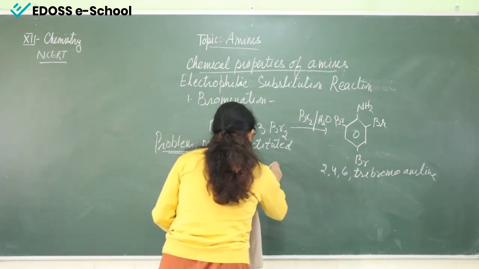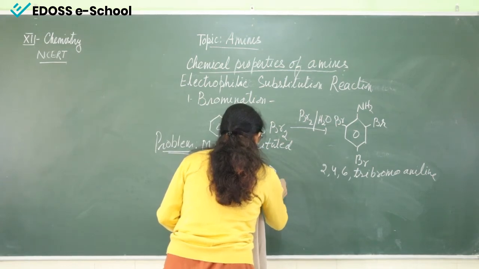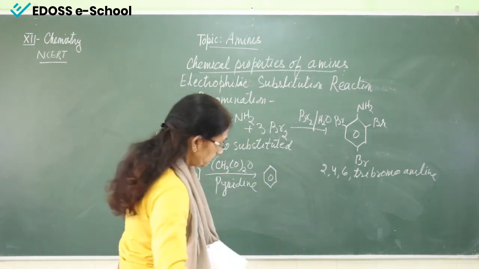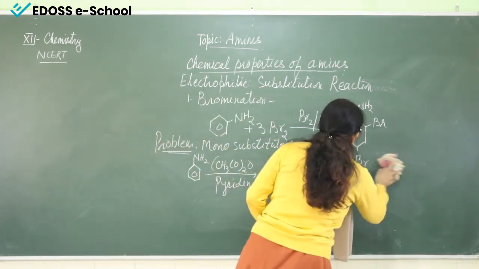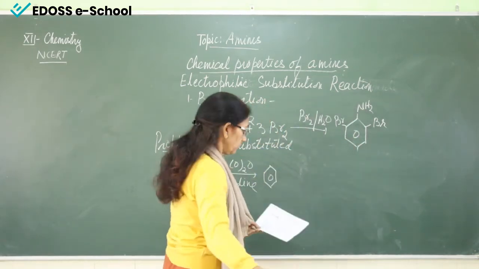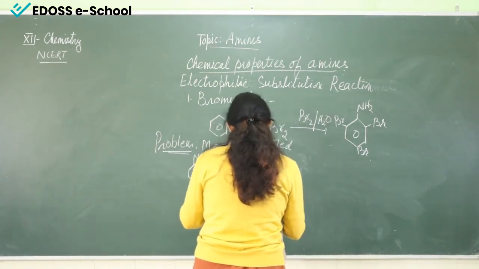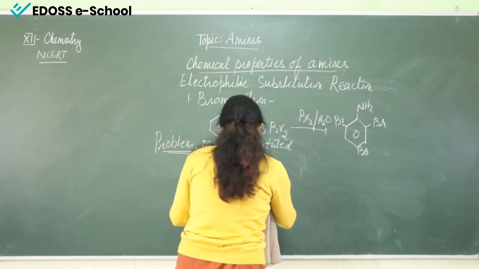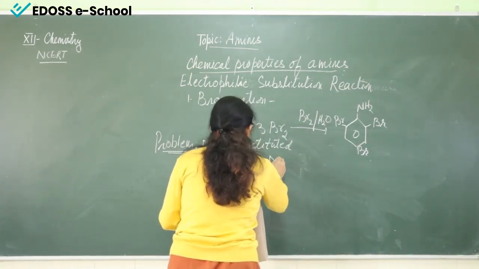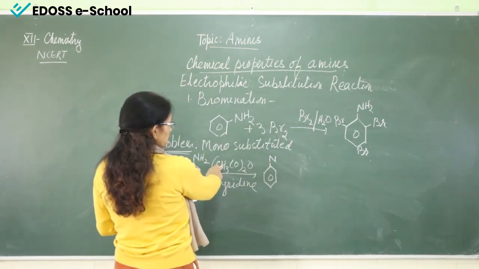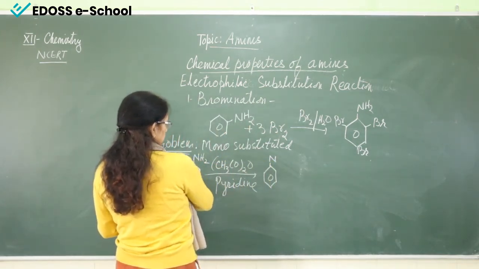You can see here what we are getting: acid and halide. N is here, and this group will attach with it.